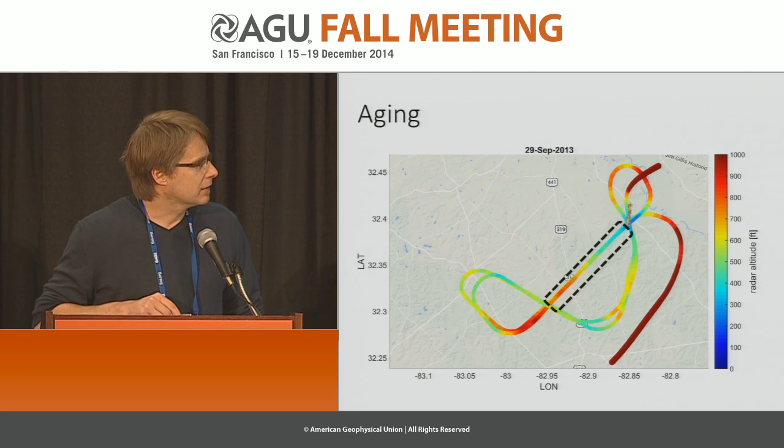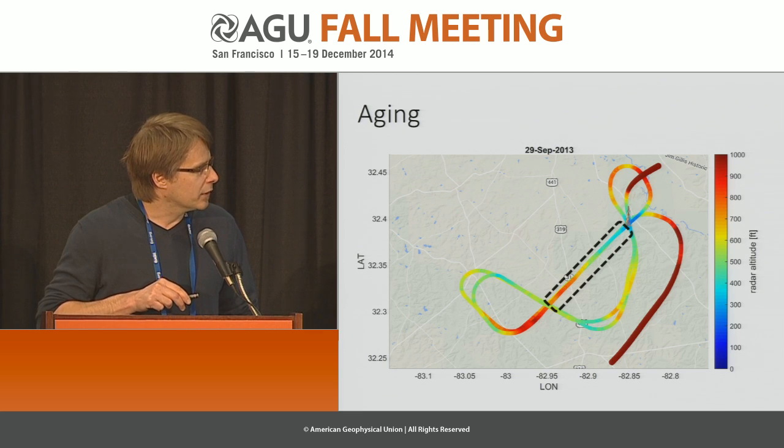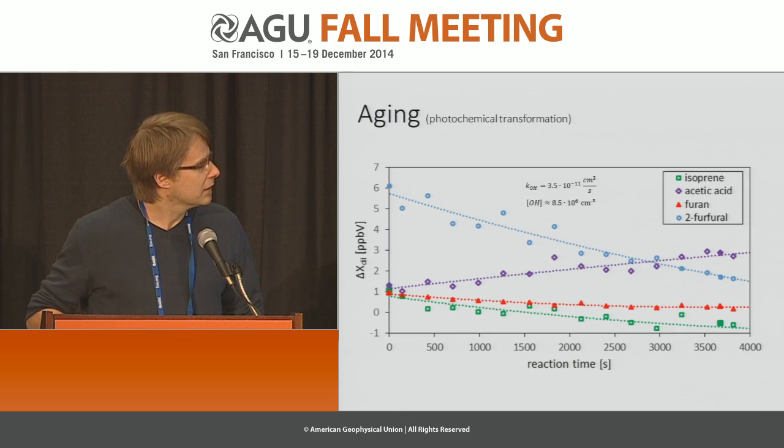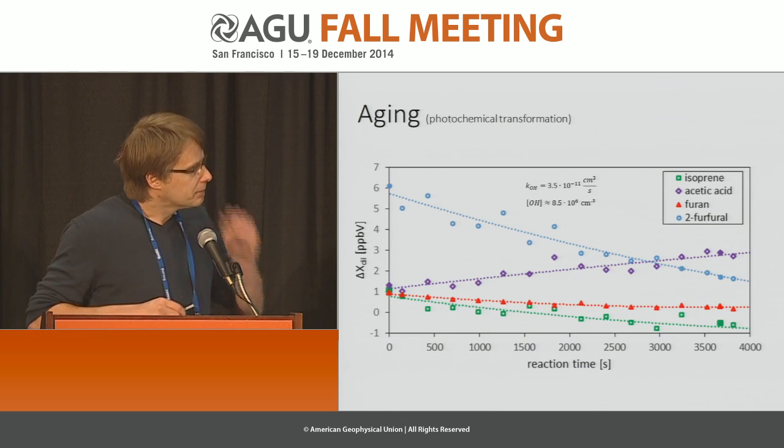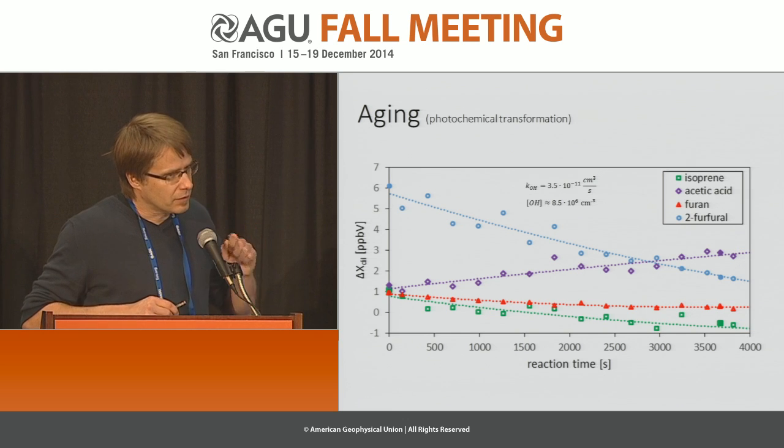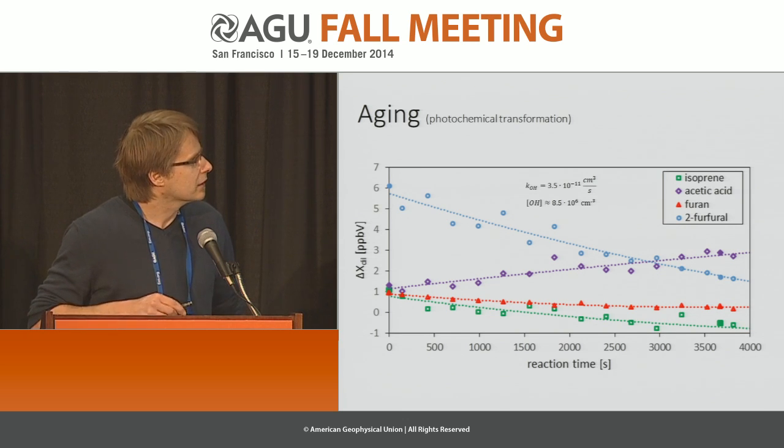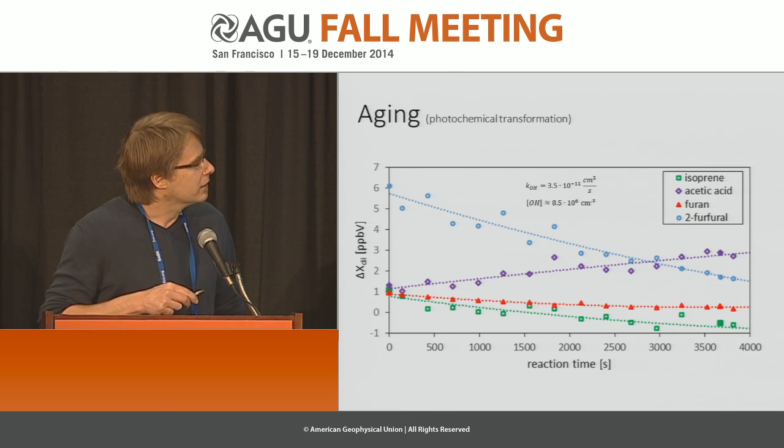And then, this is the part I like the most, so we flew 1 hour downwind, and we followed, the pilots nicely managed to track the plume, or stay within the plume and sample it. And here is the concentration corrected for dilution using the CO signal. And so what you see here, this is in light blue, you see the drop, for example, in 2-furfural, which we know has an OH reaction constant of 3.5 10 to the minus 11.